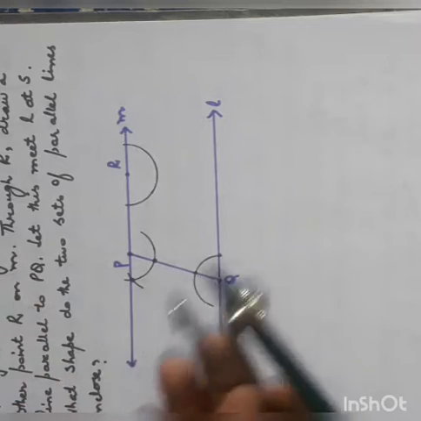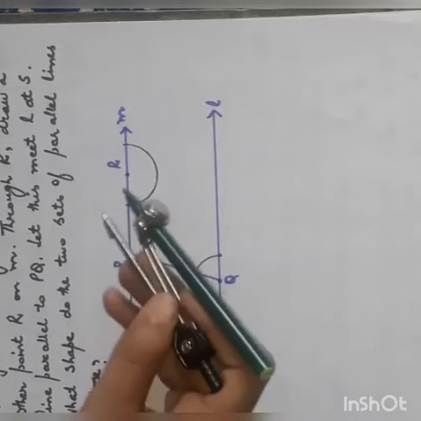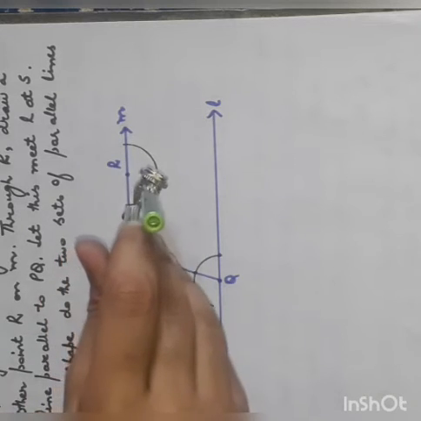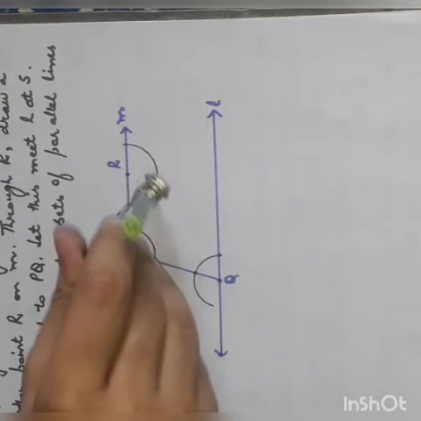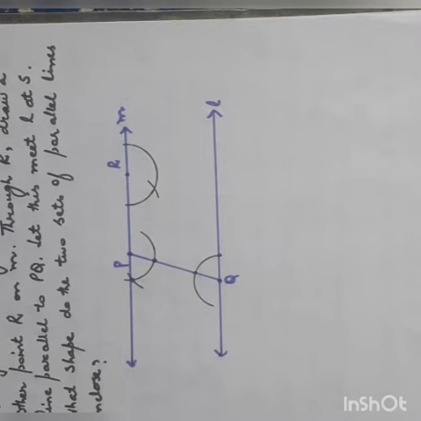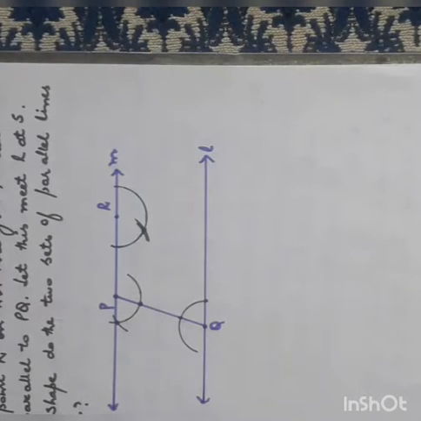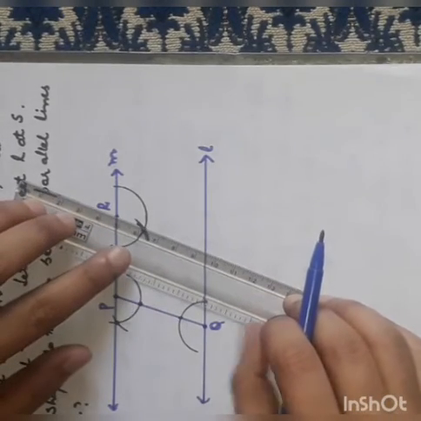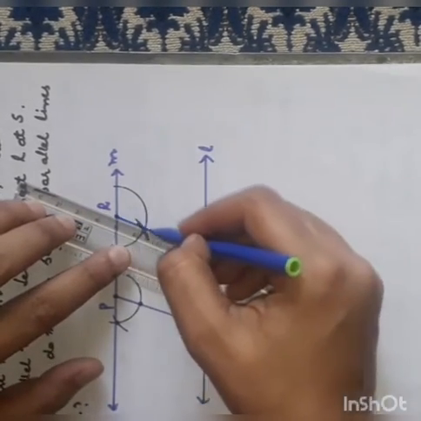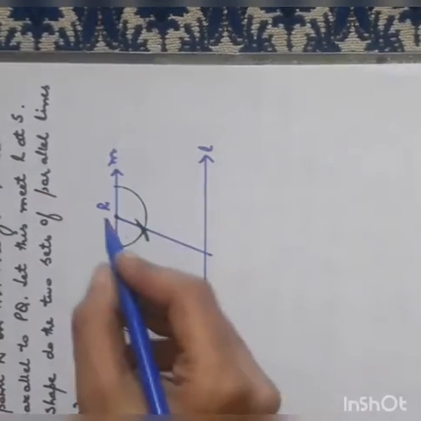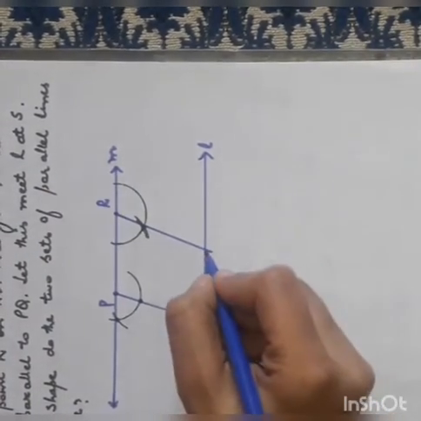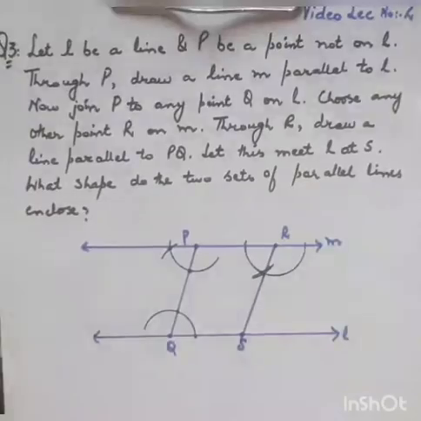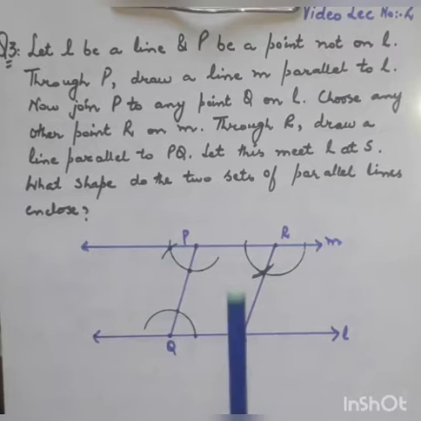Now, with this same opening, I'll put the compass here and draw another arc intersecting the previously drawn arc. So, this is the point. Now, what I'll do is, I'll join these 2 points. And this line is, suppose, joining this line L at point S.